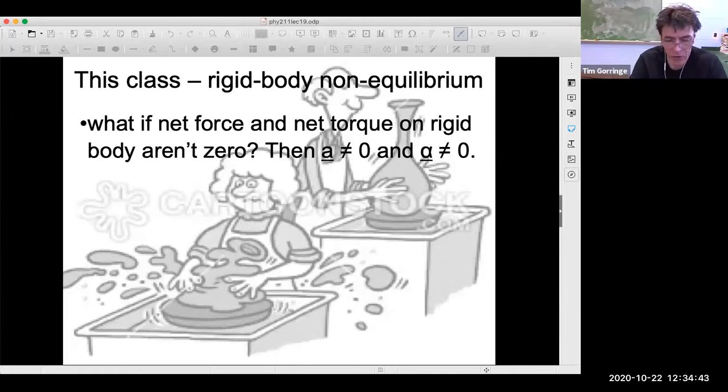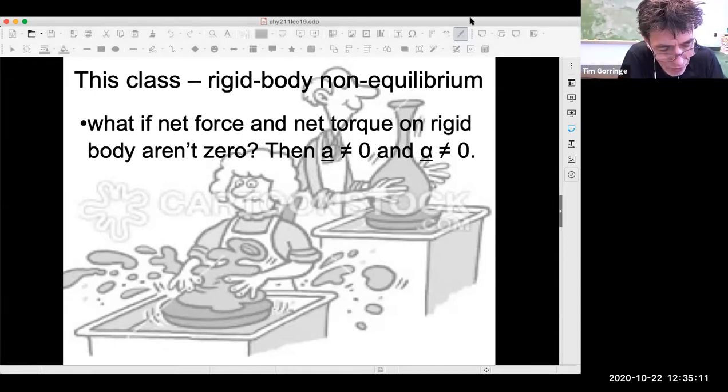And what we're going to talk about today is really the case of when there are net forces acting on a rigid body, when there is a net torque acting on a rigid body. And that's rigid body non-equilibrium. And in that case, what happens? Well, if there's a net force on the object, you get a non-zero acceleration of the object. It's going to speed up or slow down or change its direction.